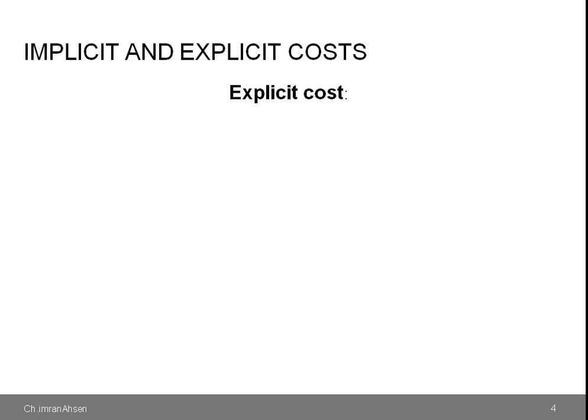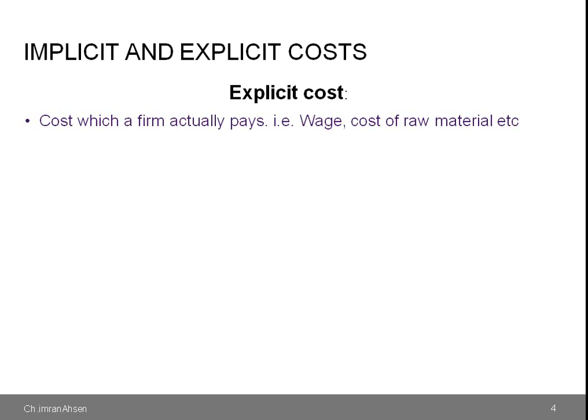First we have explicit cost, which a firm actually pays. Whatever our firm is paying is called explicit cost. That includes wages, cost of raw material, cost of office stationery, and anything else which is actually paid by the producer or firm.